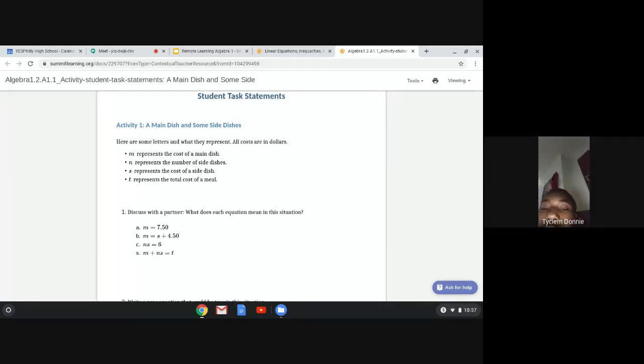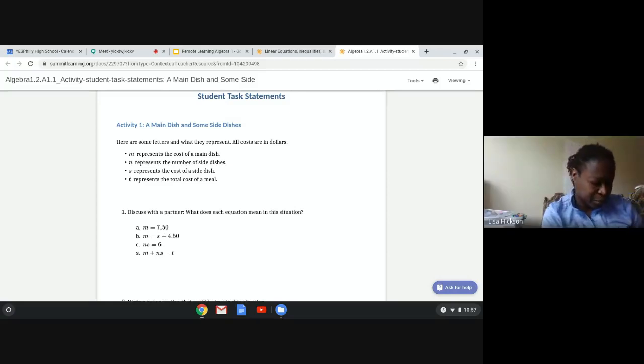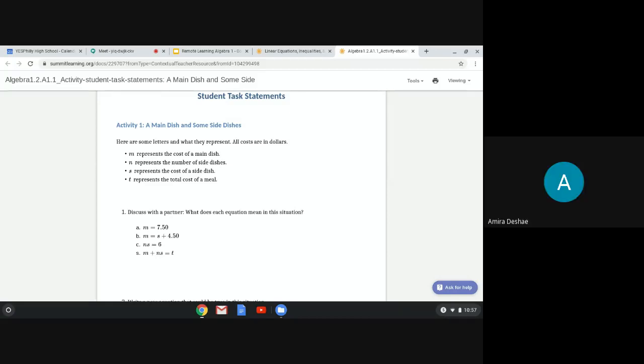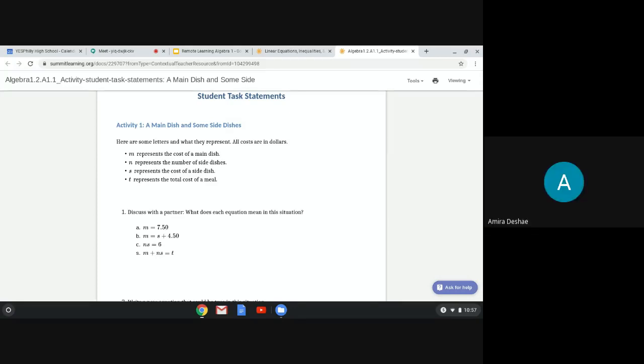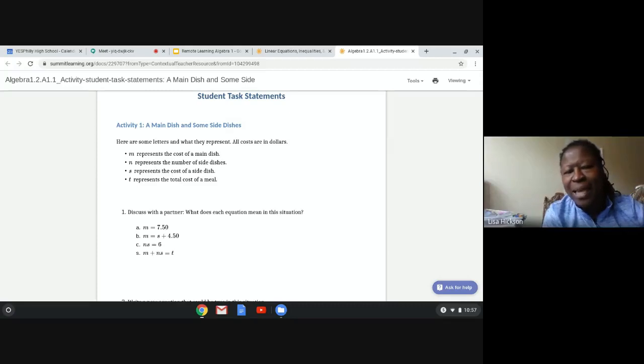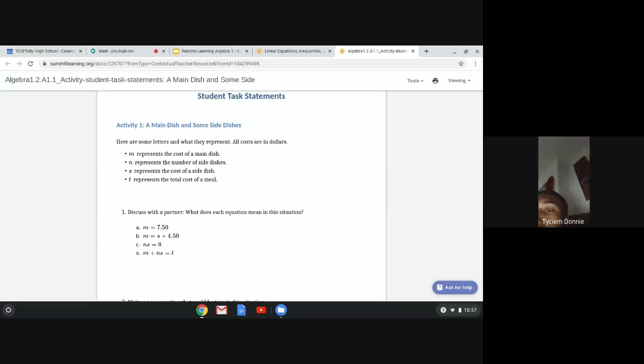It's activity 1. If you can open it, it says activity 1, a main dish and some side dishes. Mine's not on my Summit. Mine's in my Gmail though. Yes, that's where I sent it.